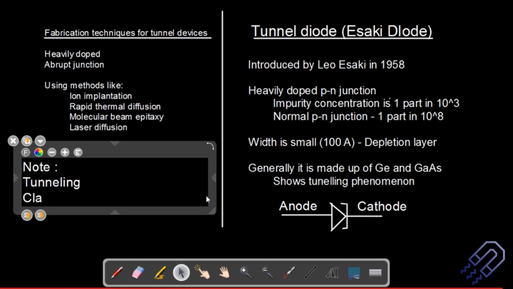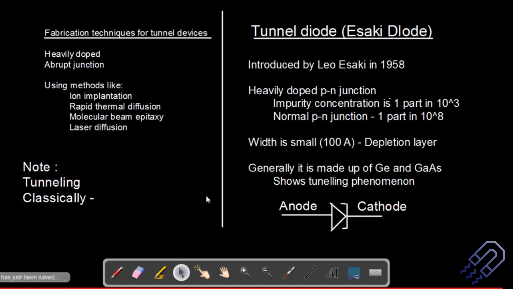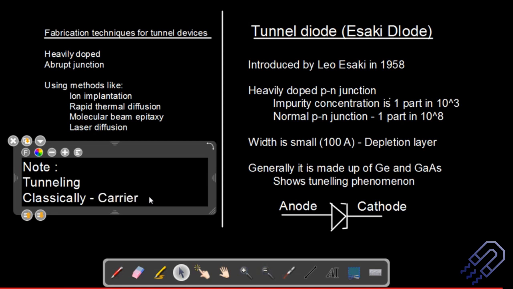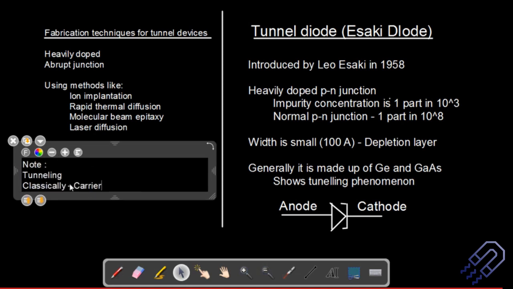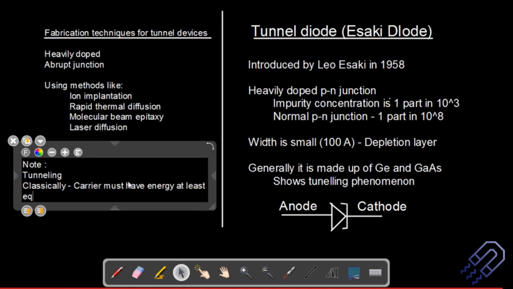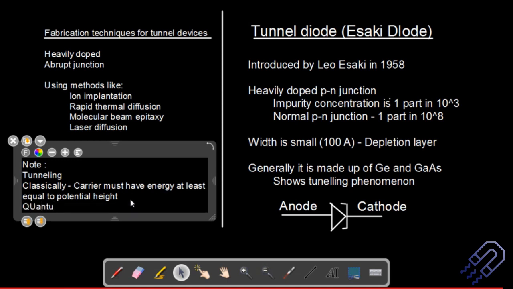Classically, we talk about classical mechanics. If I have electrons, the electrons will be the carriers. The carrier must have energy at least equal to the potential height. As I wrote in the previous diagram, the energy must be comparable to U of x. But with the tunneling effect, quantum mechanically, it might not need that.